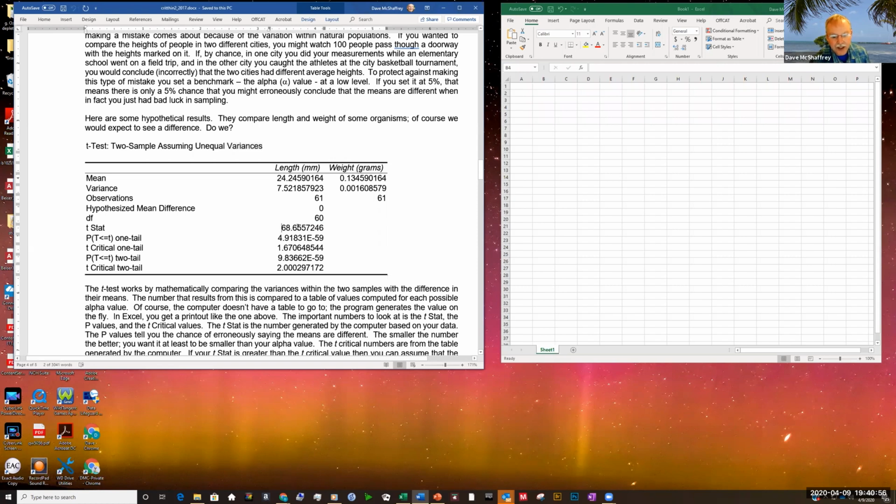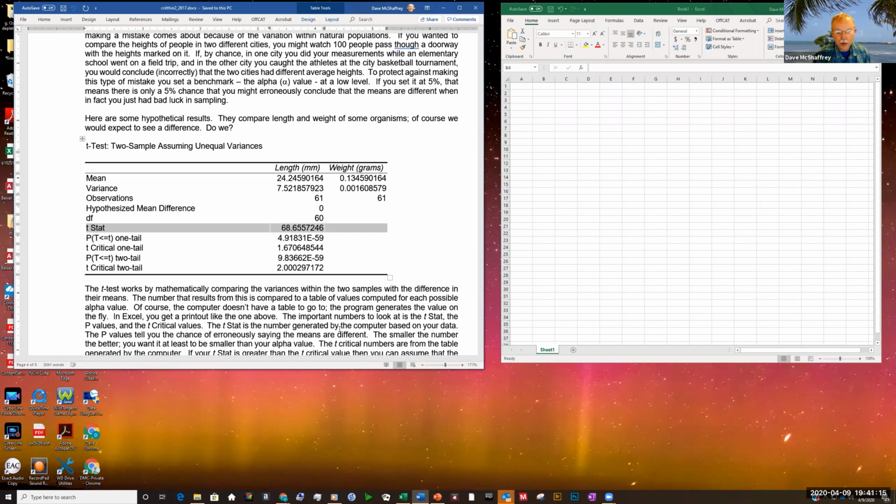And the computer spits out something called a t-stat. Okay, this t-stat is the measurement of how much difference we're seeing. And the thing about the t-stat is that we need to know, is the t-stat bigger or smaller than the t-critical value?